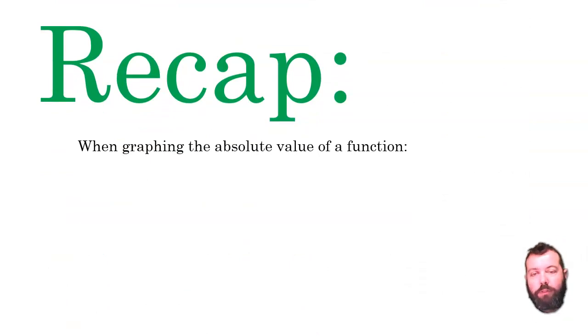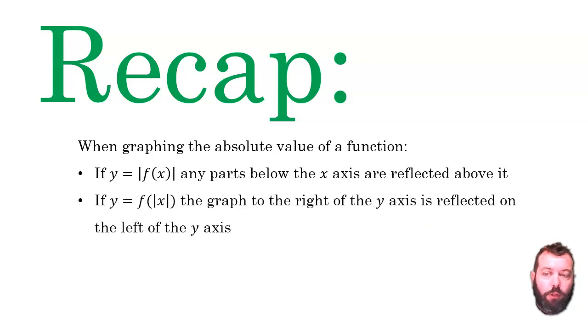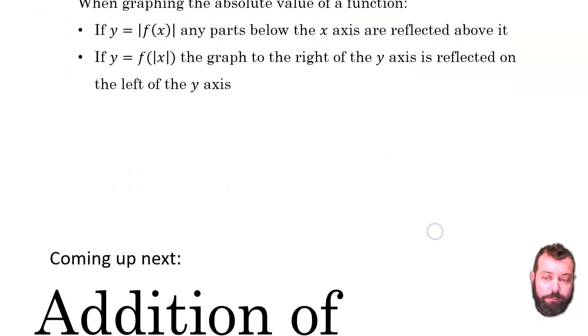Absolute value of a function, start with the function, anything below gets flipped up. For the function of an absolute value, the right-hand side is mirrored on the left-hand side.